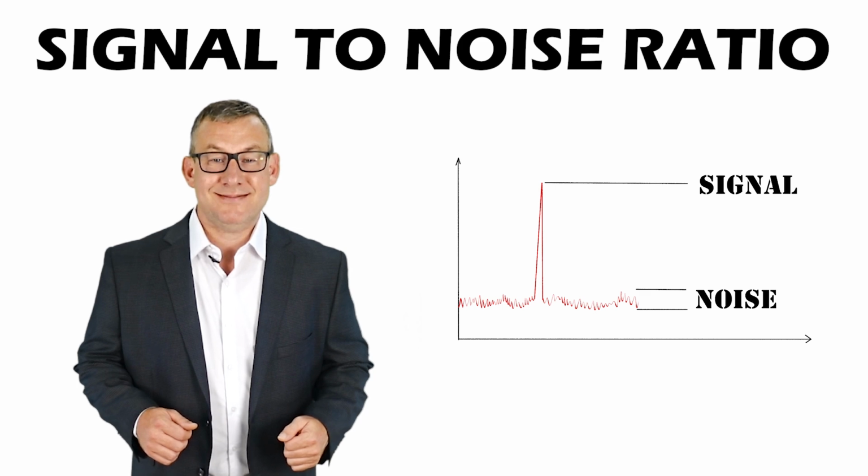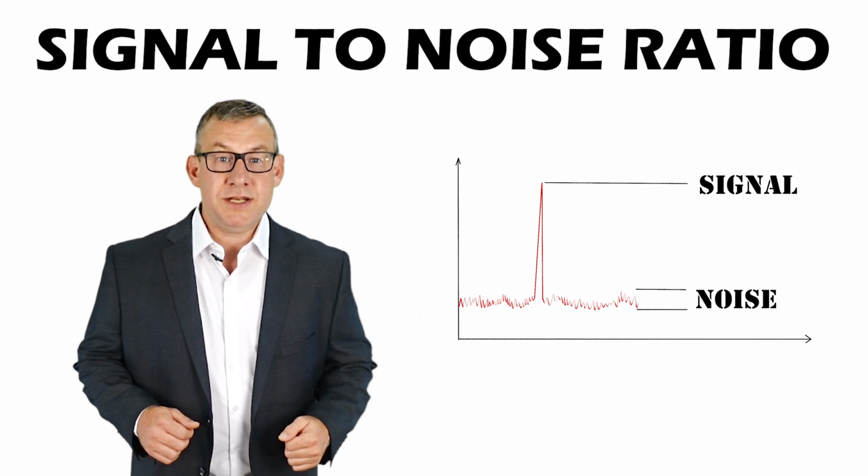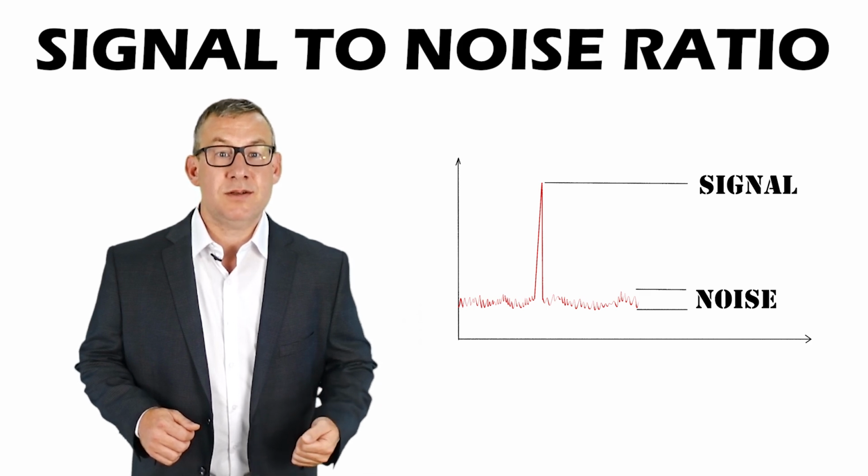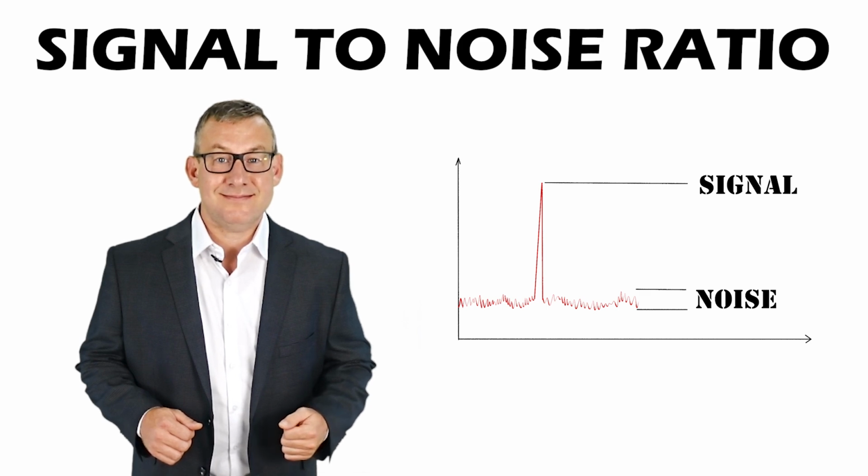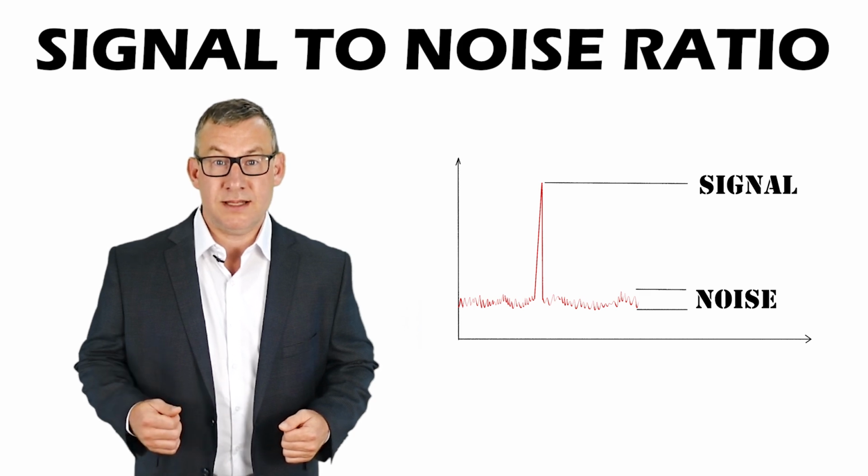Signal-to-noise ratio. Signal-to-noise ratio compares the level of a desired signal to the level of background noise. A ratio higher than 1:1 signifies more signal than noise.